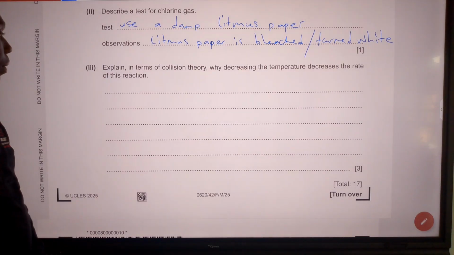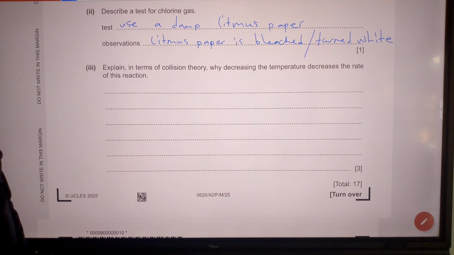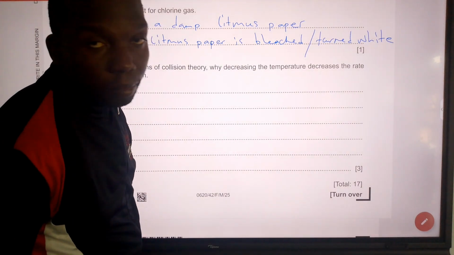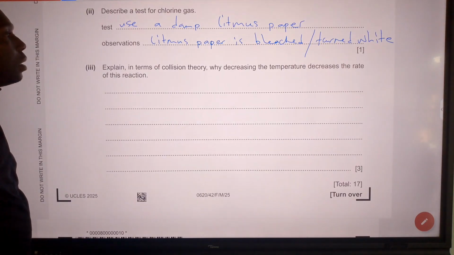The last part of the question reads: explain in terms of collision theory why decreasing the temperature decreases the rate of this reaction. So temperature and kinetic energy are directly proportional to each other.